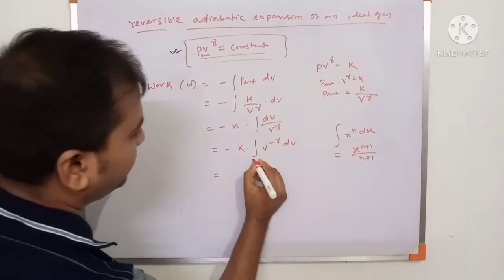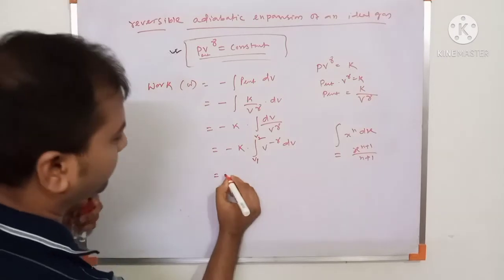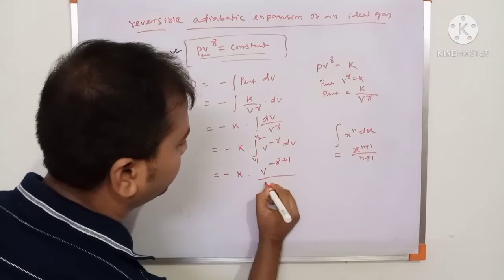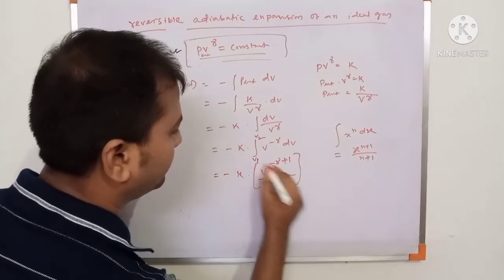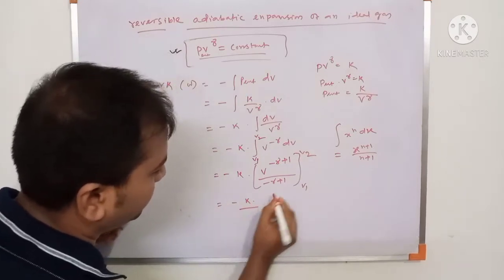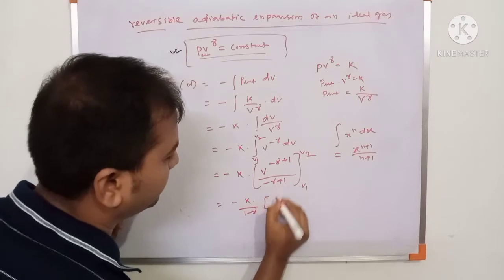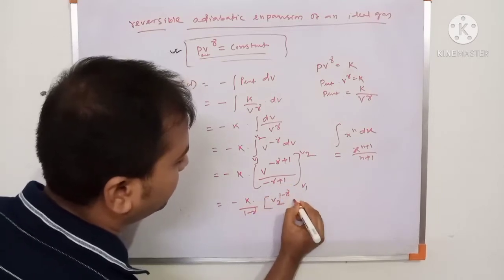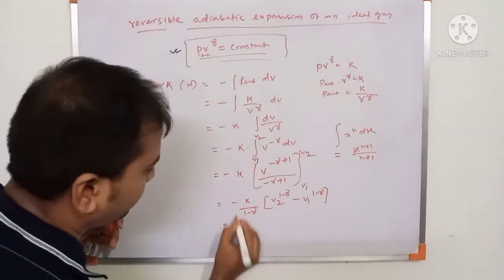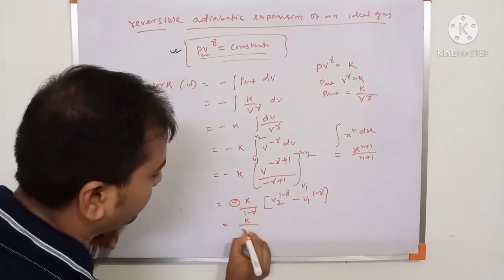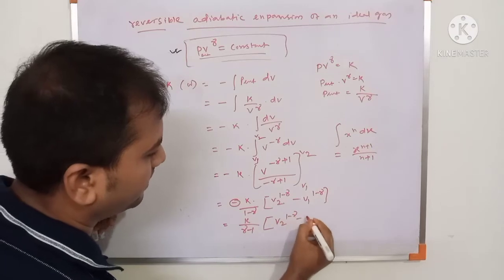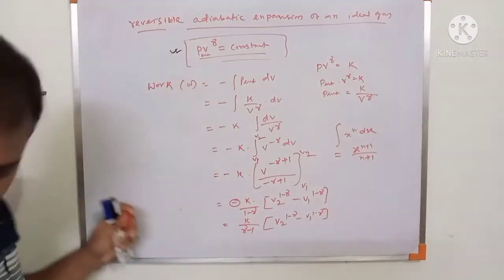So with limits V1 to V2, minus K into V to the power minus gamma plus 1 by minus gamma plus 1, limit V1 to V2, equal to minus K divided by 1 minus gamma into (V2 to the power 1 minus gamma minus V1 to the power 1 minus gamma).